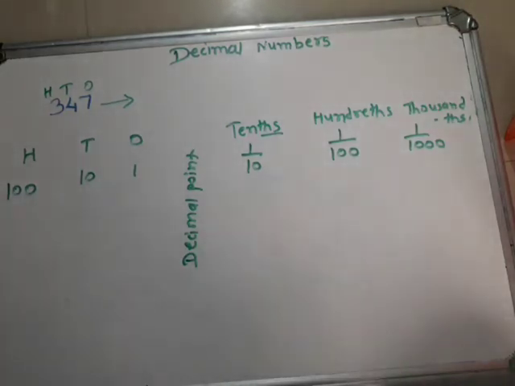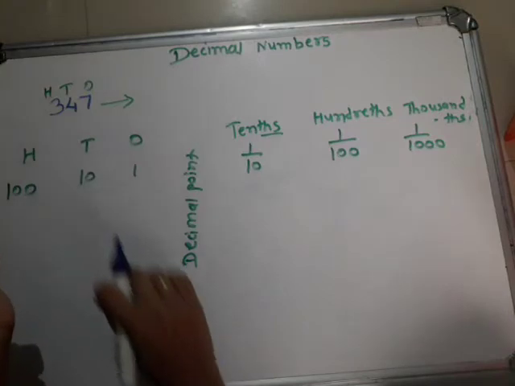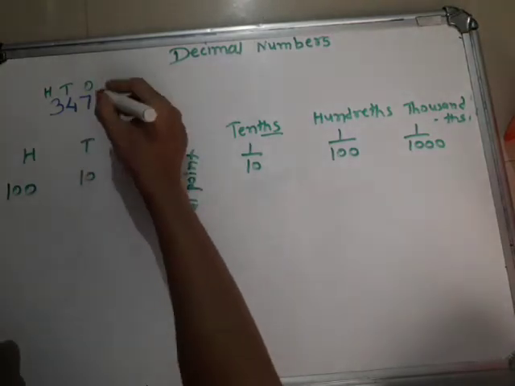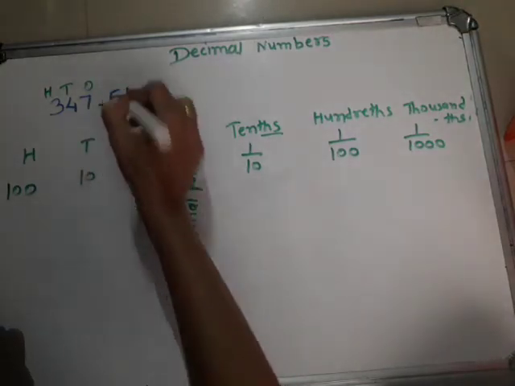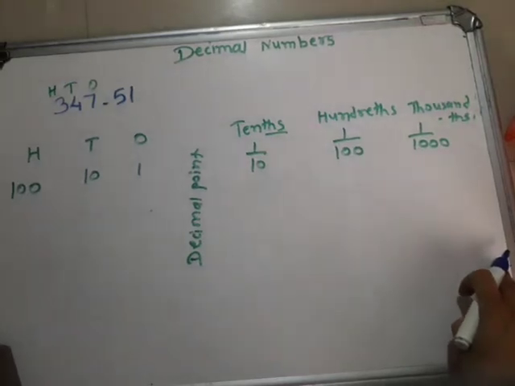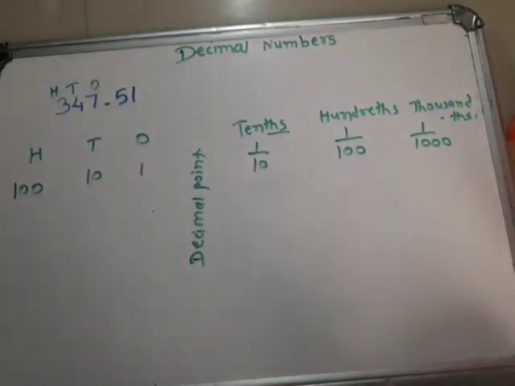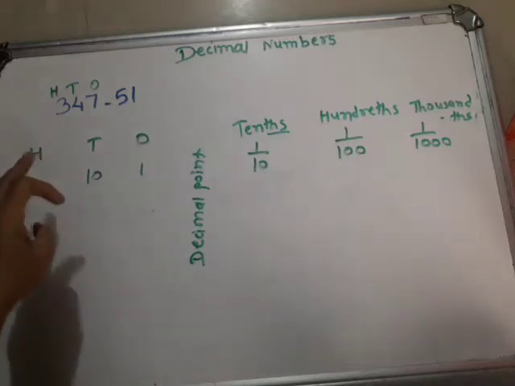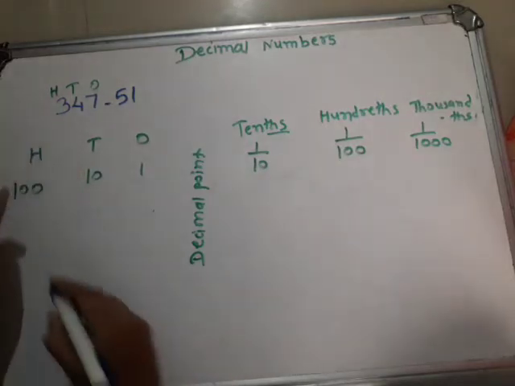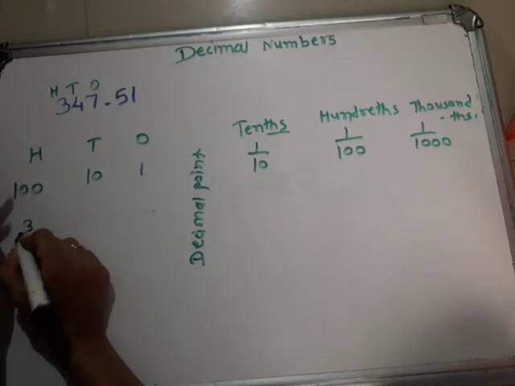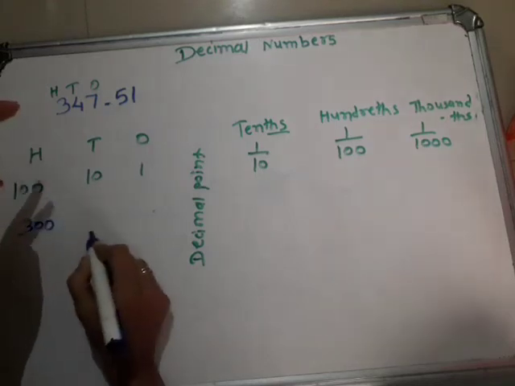Suppose you take a number. Now you know this number, 347.51. This is your number. Now you write this number in the place value chart. How to write here? See here. Now you know the places here. Hundreds place is 3, this is 300.